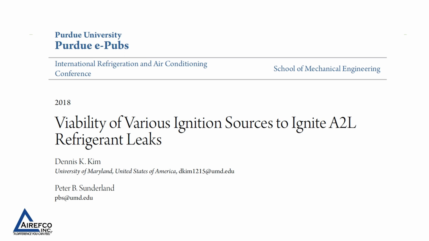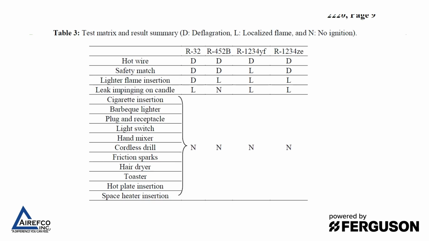There have been many studies done on A2L refrigerants. This one is an example of the paper from Purdue University on the viability of various ignition sources to ignite A2L refrigerant leaks. In this study, they did various tests with various types of ignition sources.